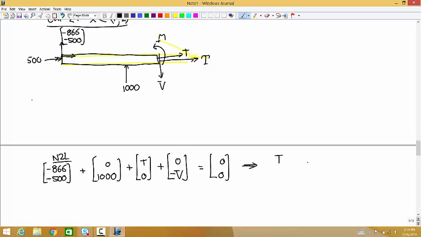So the internal tension is equal to 866. The internal shear force is equal to positive 500.